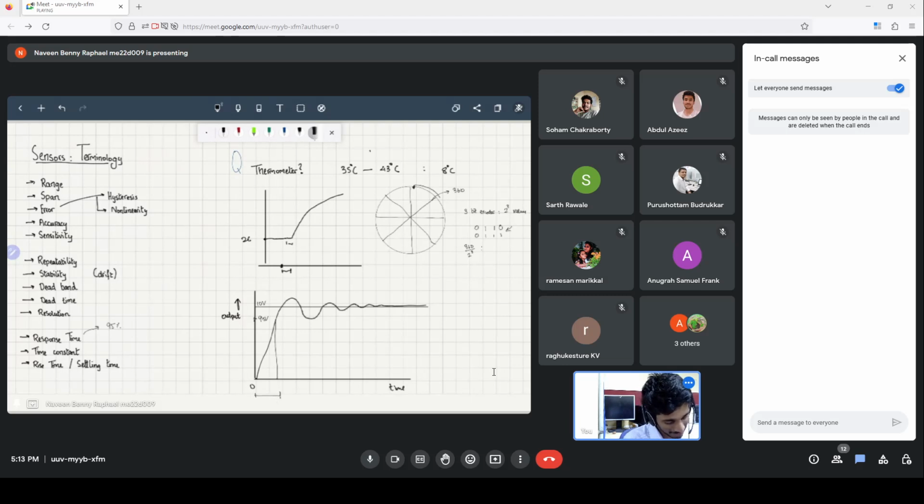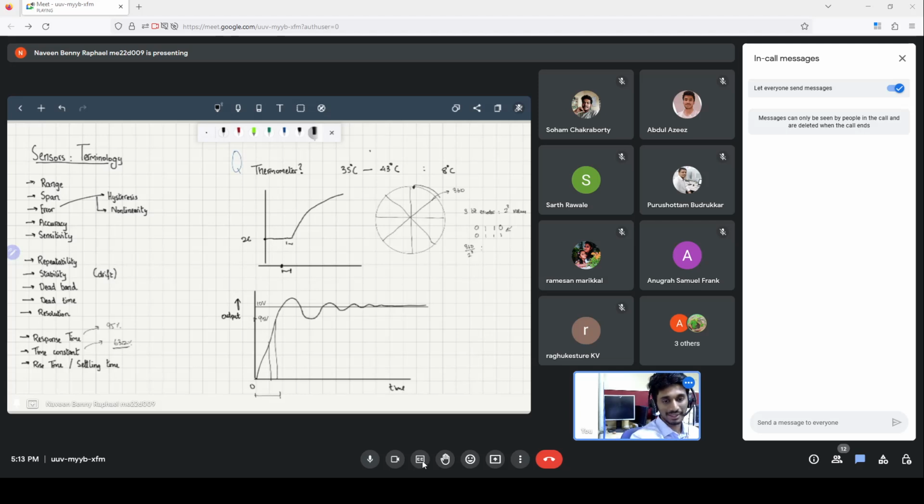Likewise, the time constant is something more mathematical in nature. We get the value 63.2% of the output here, and this is from concepts of half time. So in this case, the time constant will be less than the response time.